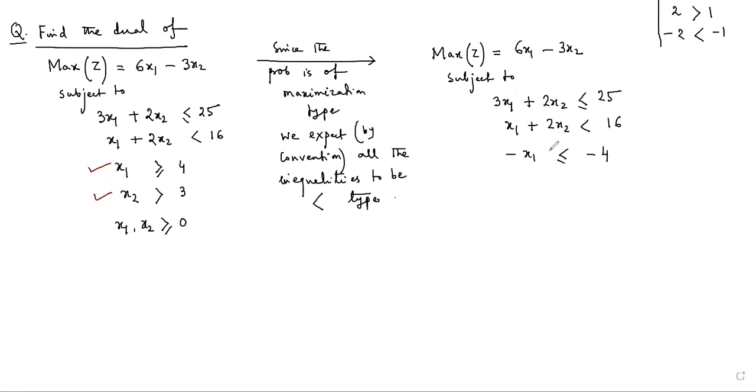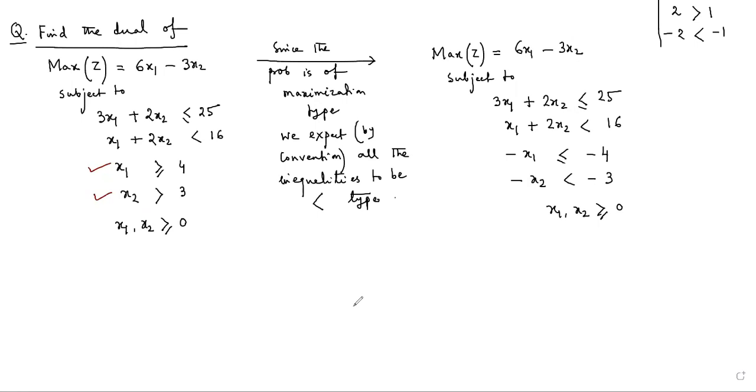So here we multiply the inequality by -1, and we get -x1 less than or equal to -4. And similarly, this one is -x2, which is less than or equal to -3. So that all the inequalities become less than type inequality. And we write x1, x2 greater than or equal to 0.